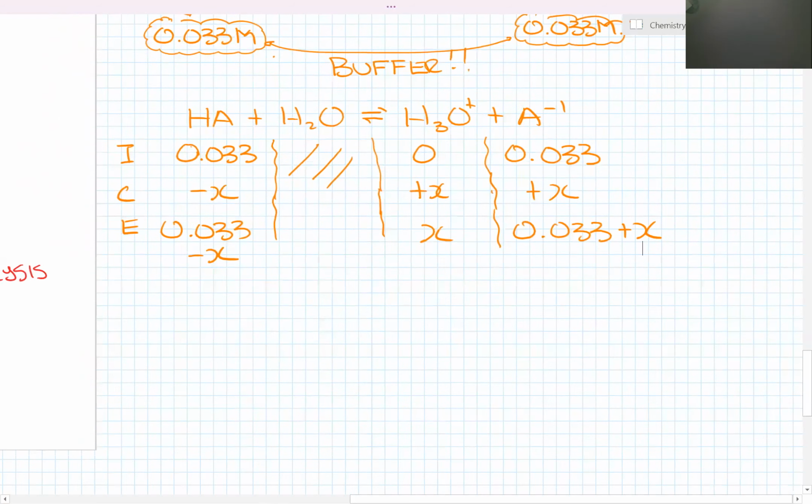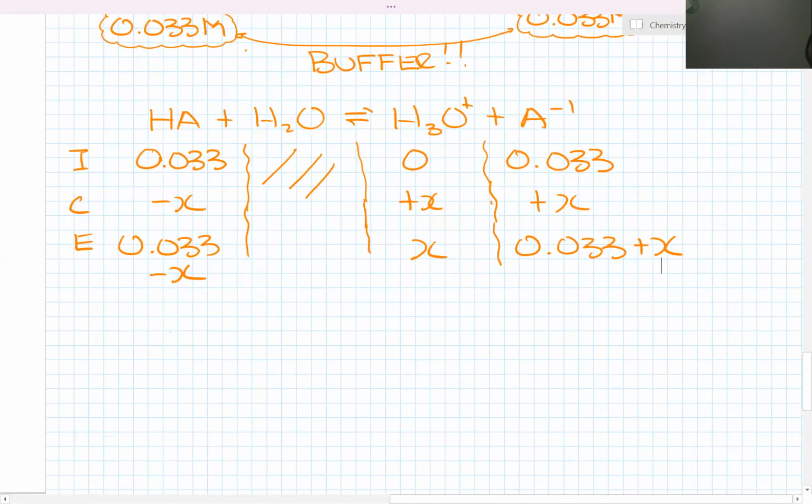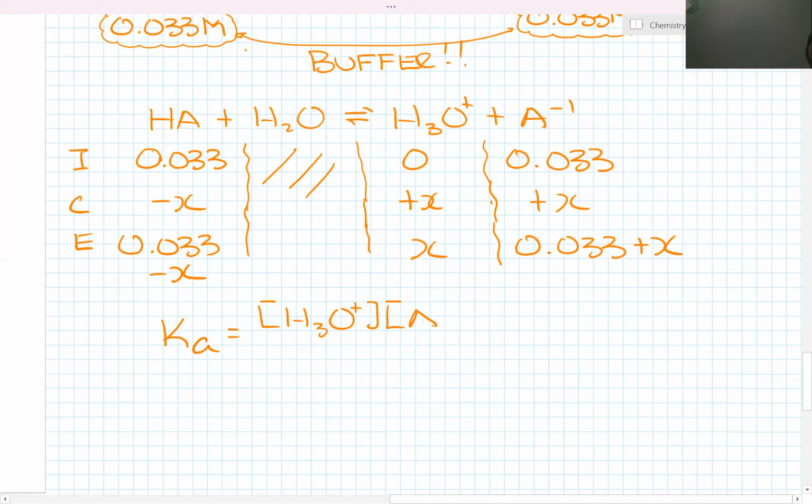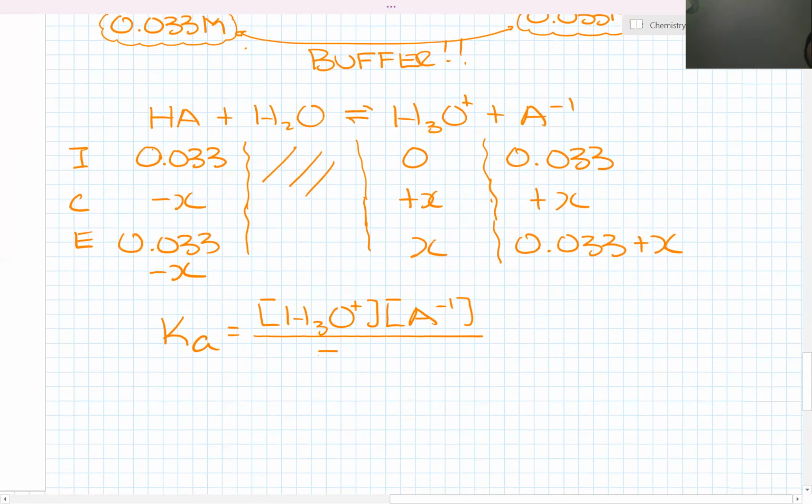Now, remember when we put it into our Ka expression, we have Ka is equal to the concentration of H3O plus times A minus, all over the concentration of HA.